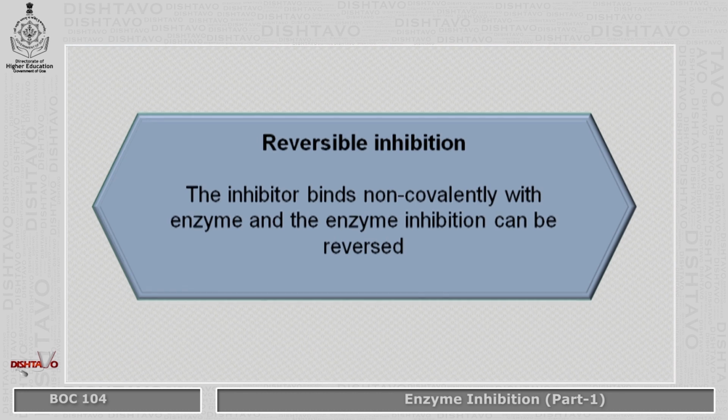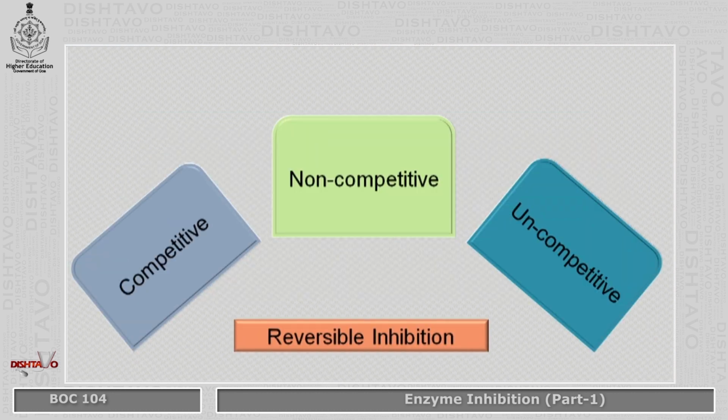Secondly, this inhibitor cannot function properly if the substrate concentration is increased. So, when the substrate concentration is increased, the number of substrate molecules will increase and therefore they will bind with the active site and bring about the reversible reaction. Reversible inhibition is further divided into competitive, non-competitive and uncompetitive inhibition.